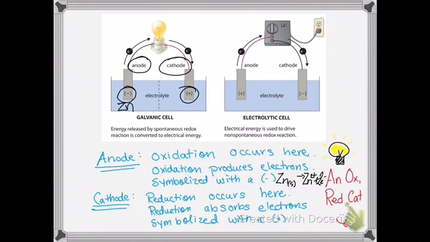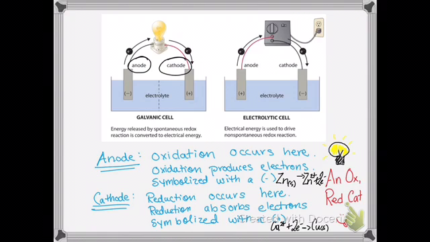And then the cathode, this is where reduction occurs, and reduction is where we have the electrons being absorbed, and it is typically symbolized with a positive sign. So in our previous example, this would have been our copper ion. See how it's got a positive 2 charge? If it absorbs a couple of electrons, it's going to become neutral copper, just the metal. What I think is so interesting is that technically your anode is turning from zinc the metal to zinc the ion.